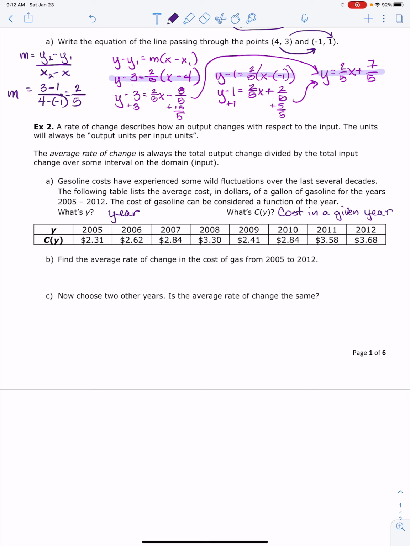B now asks for the average rate of change for the cost of gas from 2005 to 2012. I'm going to go ahead and write this as an ordered pair. It's a little weird putting Y first, but it reflects the year. And so it's not an XY situation.